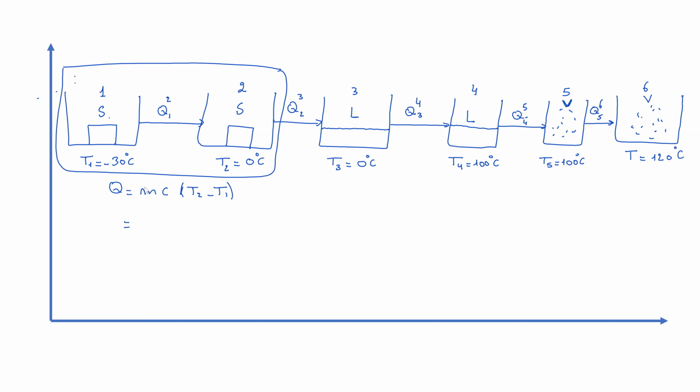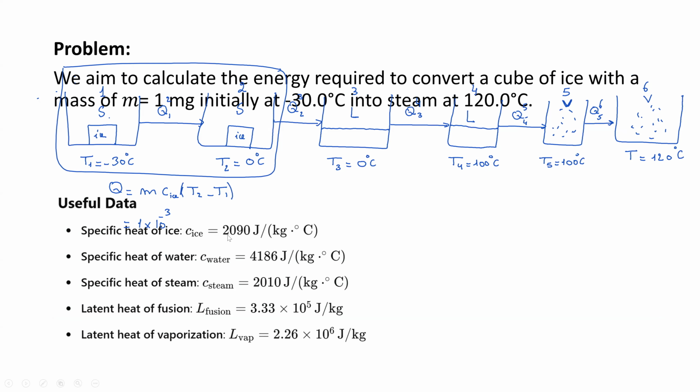We have to convert the mass to kilograms, so it equals 1 times 10 power minus 3 kilogram. C, we have here ice to ice. So C ice, we look here, C ice equals 2090 joules per kilogram per degree C.